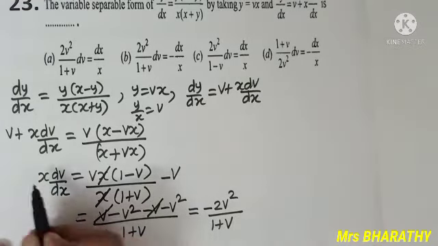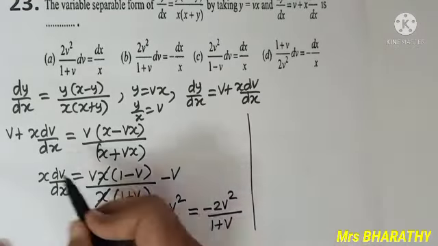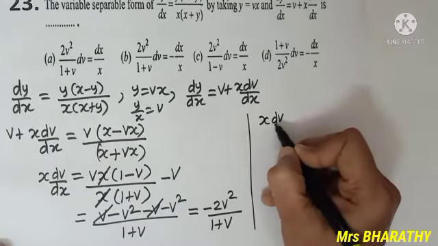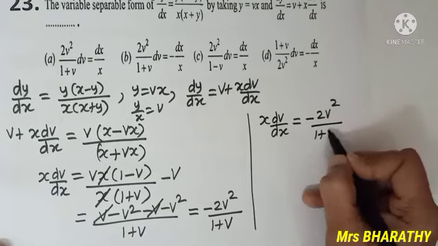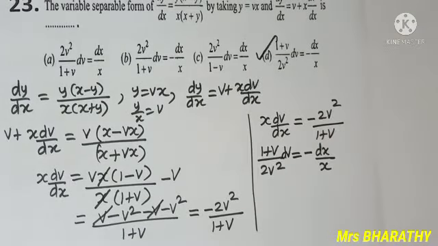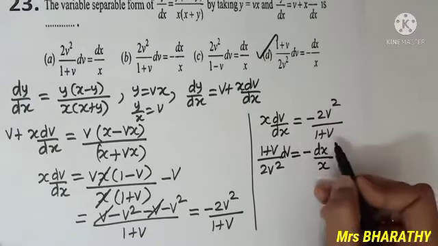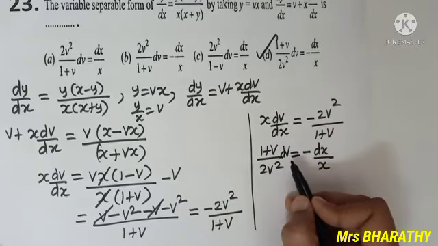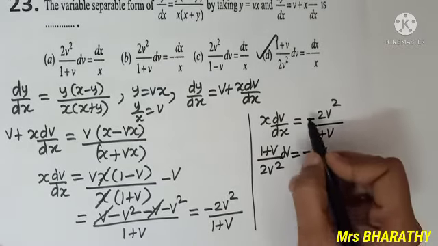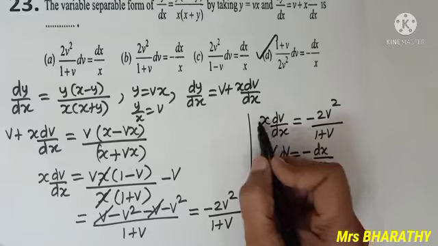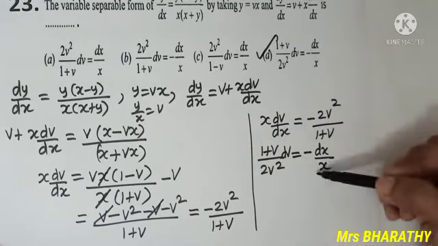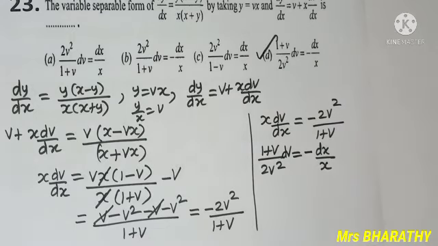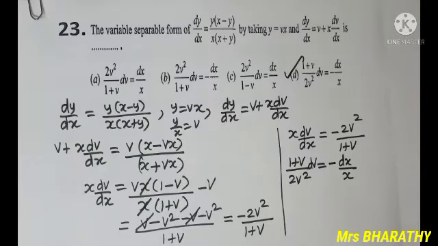As we separate the variables, we have x dv by dx in LHS, minus 2v square by 1 plus v in RHS. As we separate the variables, 1 plus v by 2v square dv equals the minus symbol left here, dx by x. As we compare this step with the given 4 choices, option D will be the suitable answer.